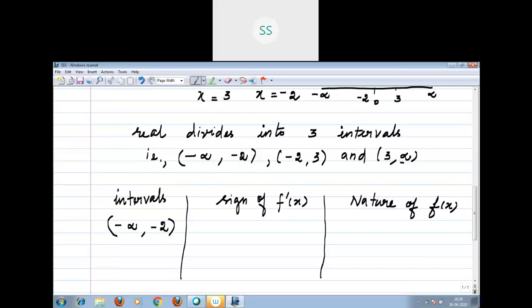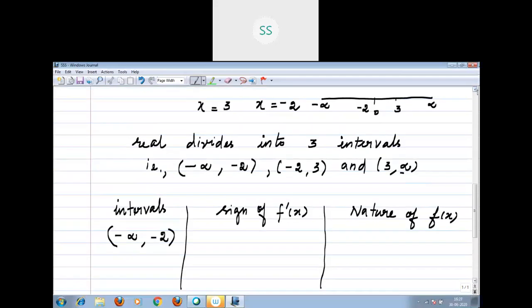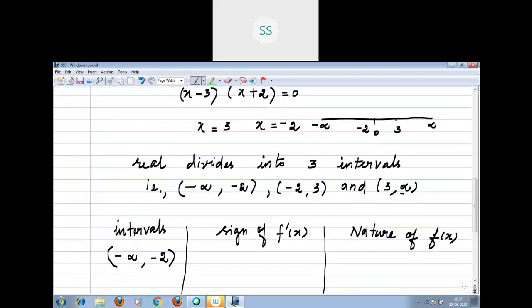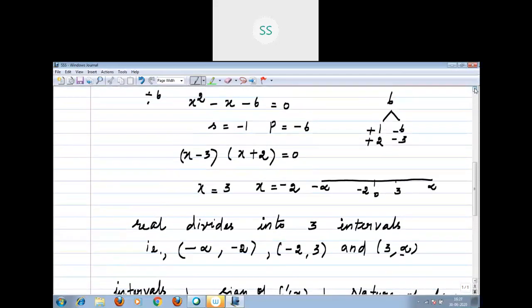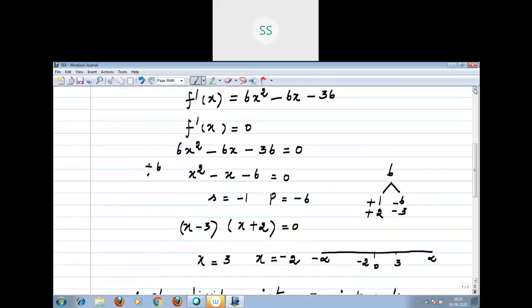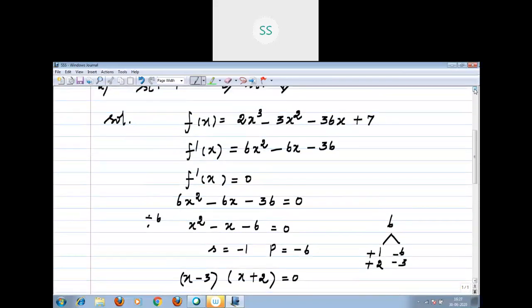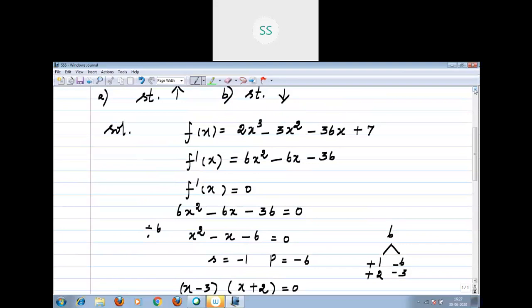When you substitute, what can you get? For example, your derivative is 6x square minus 6x minus 36.